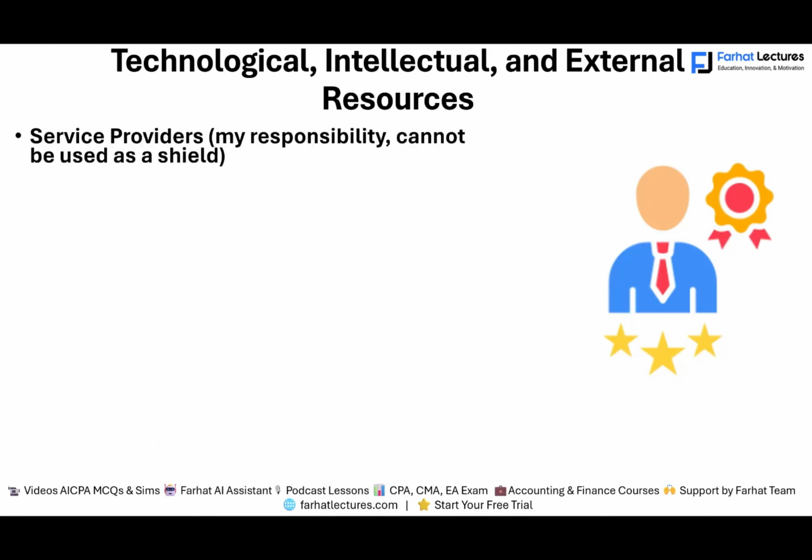What else? Sometimes we might go for an external provider. But if we go for an external provider, it doesn't mean my responsibility is shielded. No. If we hire someone externally, like service providers, specialists, IT experts, somebody for valuation purposes, the responsibility remains with the firm. You may outsource the task, but you cannot outsource the responsibility, the accountability.